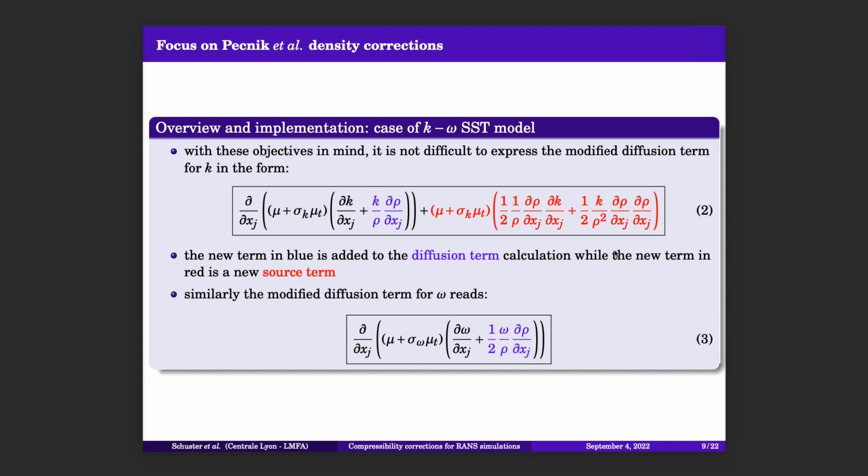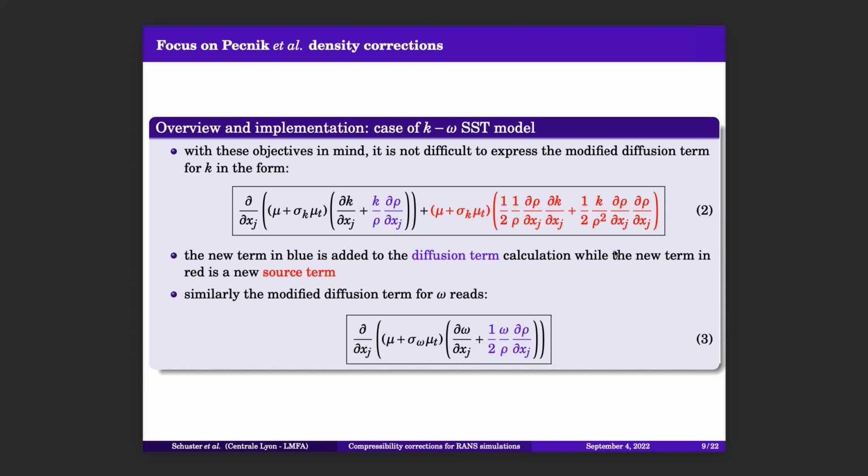Plus in blue, a new term, which is in the form of a diffusion term, which depends, as you see, on a density gradient, plus some extra terms, which are here in red, which take the form of source terms and which you will need to code as source terms. And you proceed similarly for the modified diffusion term for omega, the specific dissipation.